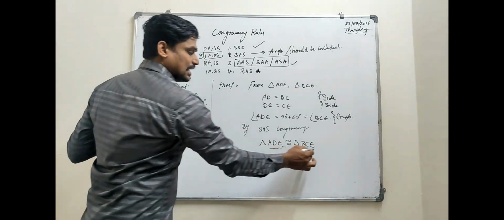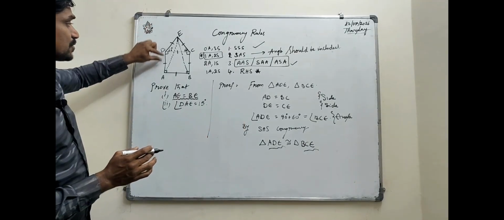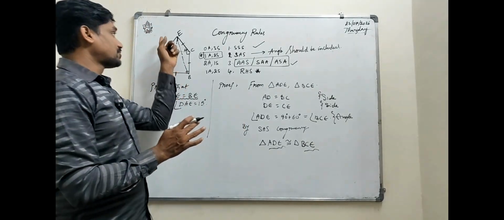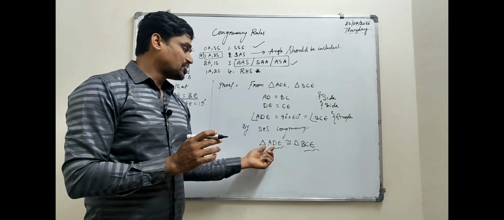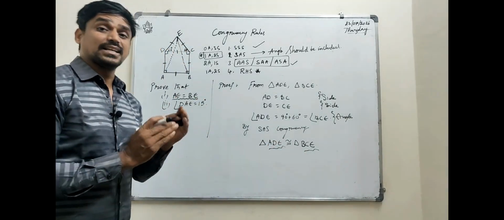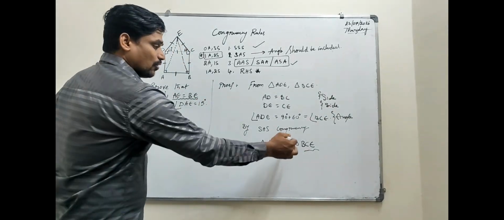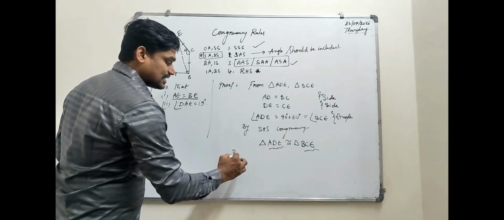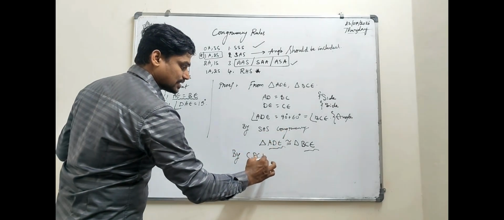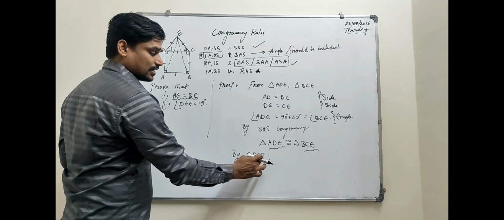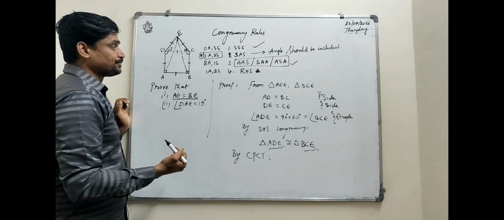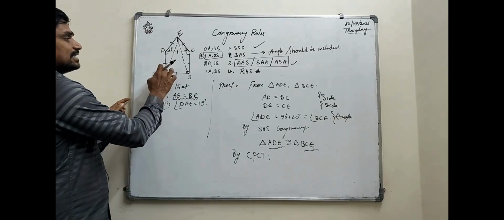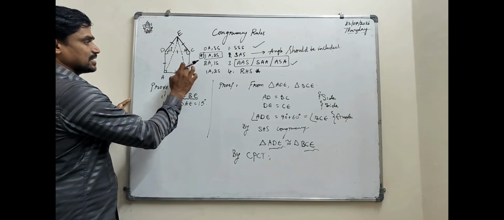Representation is important. In this case, luckily, these two sides are also equal, no issue. Sometimes these two are not equal. Make sure the representation is very proper, showing which are corresponding, because here we always talk about corresponding parts. Now, once they are congruent to each other, by CPCT, corresponding parts of congruent triangles. What are corresponding parts? Angle A and angle B, these two angles are equal.